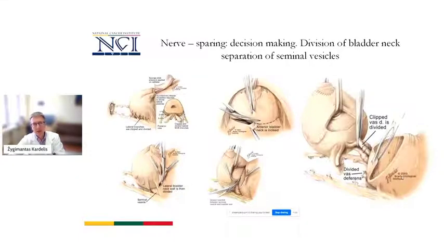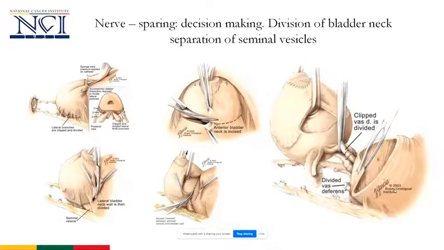Nerve sparing decision making: the division of blood and nerve, separation of seminal vesicles, intraoperative considerations, induration in the lateral fascia, and fixation of the neurovascular bundle to the prostate. If there is inadequate tissue over the posterolateral surface after the prostate has been removed, the neurovascular band can then be widely excised, as a delayed excision.